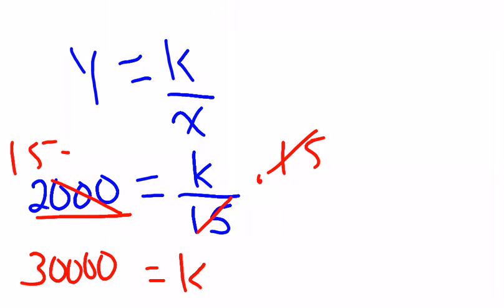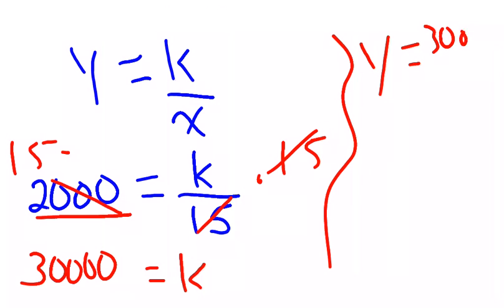So no matter what numbers we plug in, we always know that in this scenario y and x are going to be varied by 30,000 regardless. Okay, so what that means is in this situation we would always have this equation.